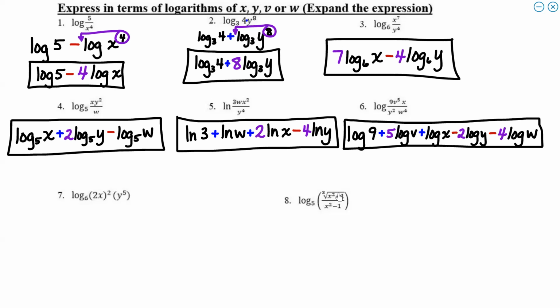Okay, so I have log base 5. Up on top, I have x squared plus 1 to the 1/3 power. In my denominator, I have x plus 1, x minus 1. Can I cancel?